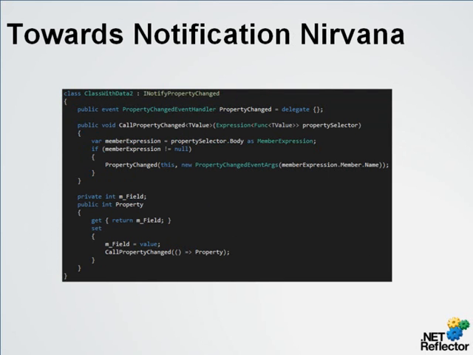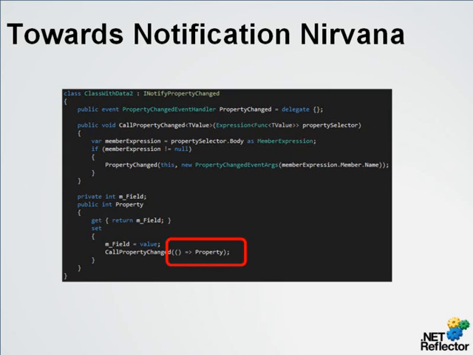When LINQ came along, people started coming up with clever ways to enable you to refactor the code. In the first implementation, we had a problem in that we had a property and we needed a string containing the name of that property that we could raise using the notify change mechanism. People used expression trees in order to allow them to pass in a lambda expression here that contains the property itself.